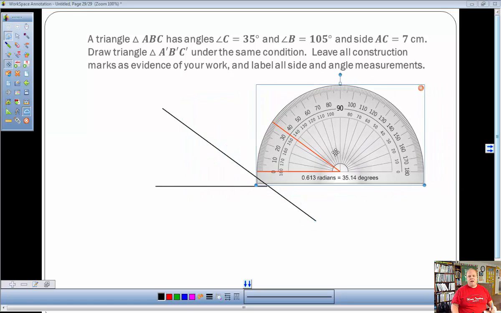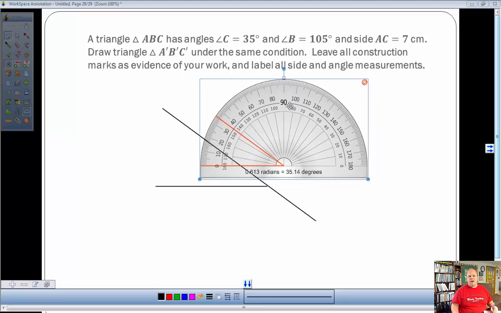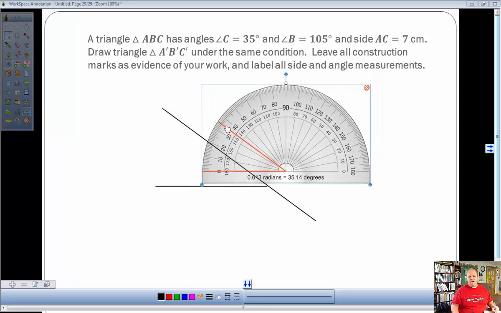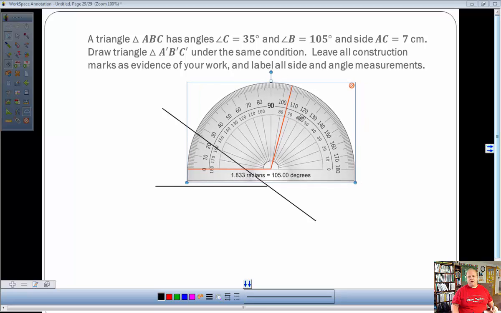Okay. Now, angle B is 105. So before I even flip it, I'm going to get my angle to where I want it. I want 105. Almost. Okay, that's 105.